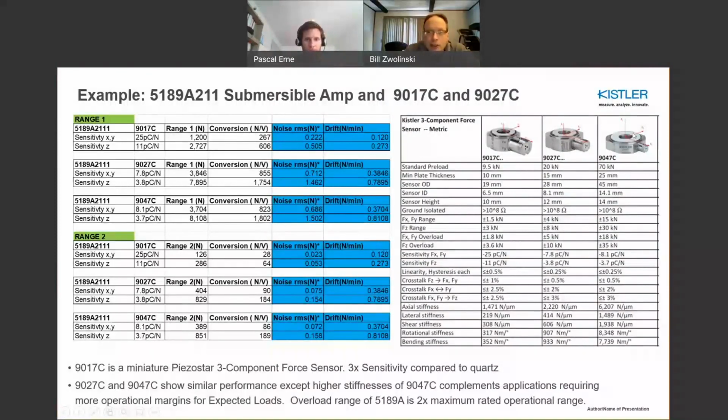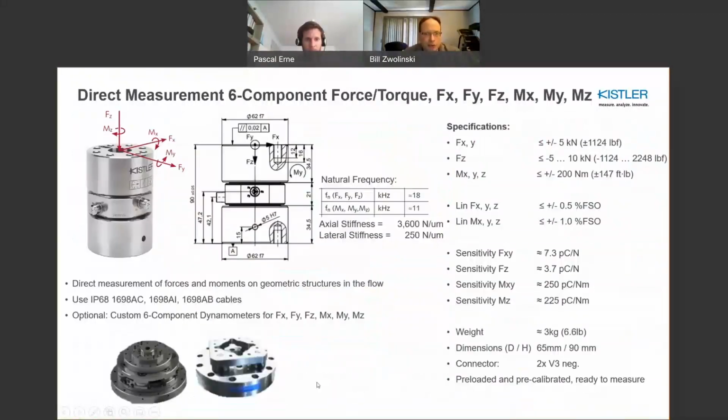So you can see here using a 9047 could be upwards of 3 or 4 times the stiffness of the smaller sensor, and it gives you much more operational margin, not only from a measuring range standpoint for all the challenges of a measurement underwater. You're getting the added margin in terms of bending moment and operational loads as well. So a lot of times it's not just the measuring range. You have to look at other parameters when you construct your force dynamometer.